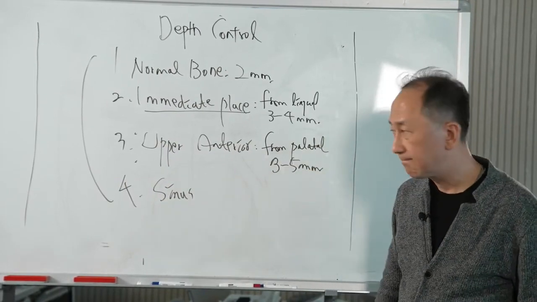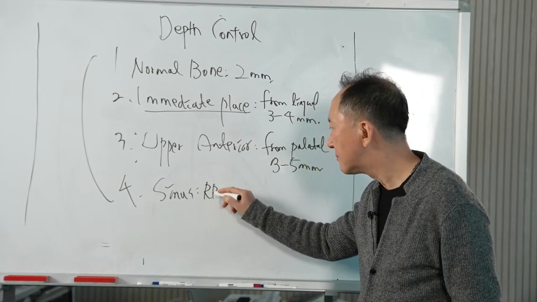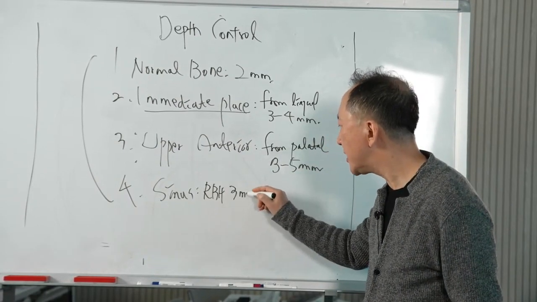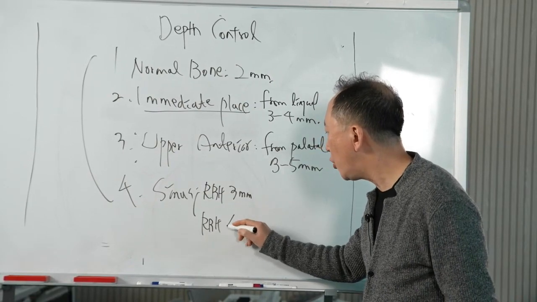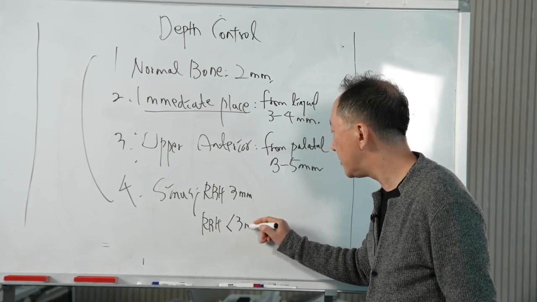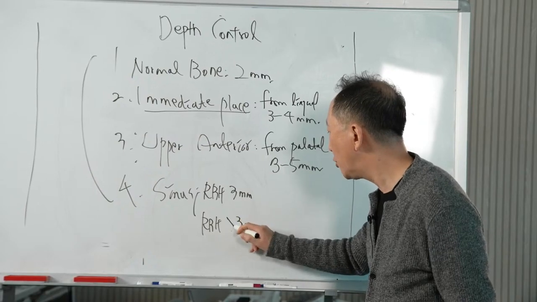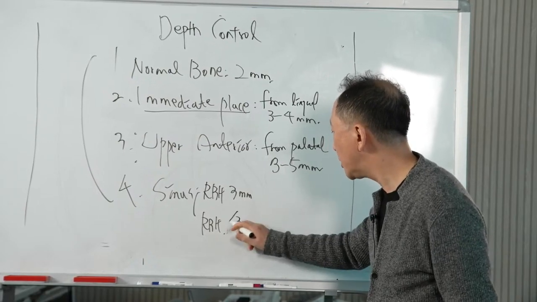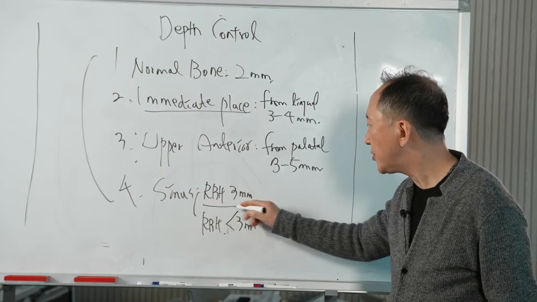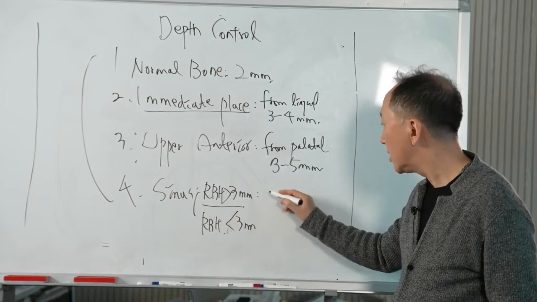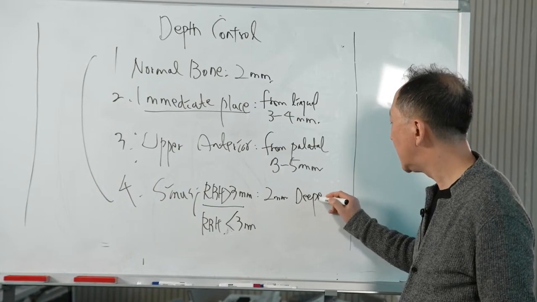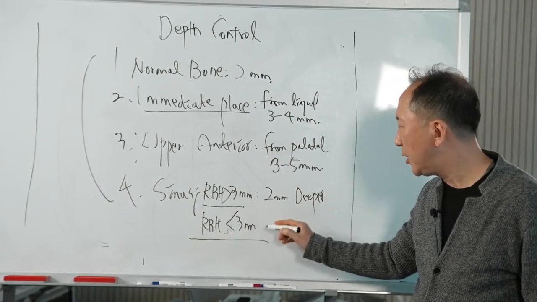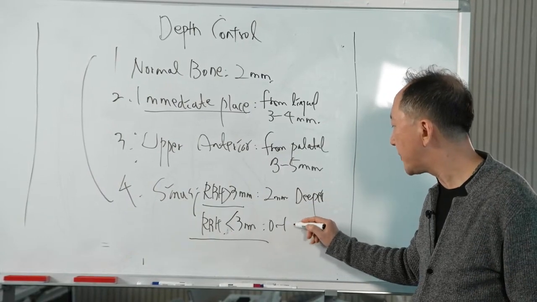Sinus is different. Residual bone height: the 3 mm situation, below 3 mm here. Above 3 mm, that means the same, 2 mm deeper is okay. But if residual bone is below 3 mm, then 0 to 1 mm is better.